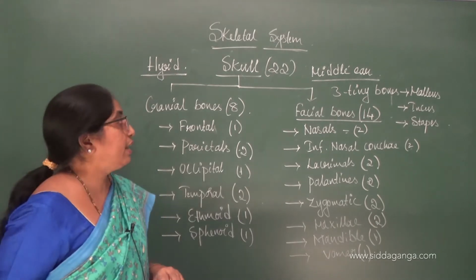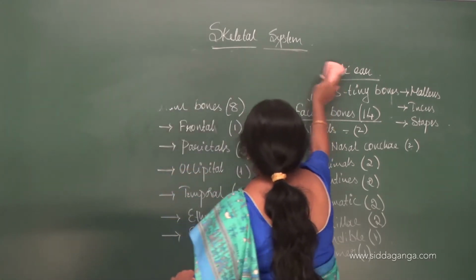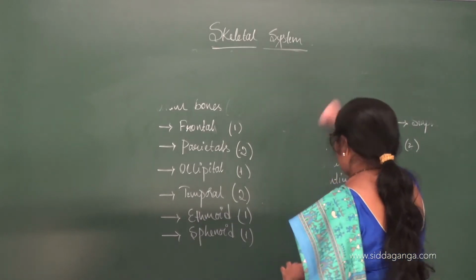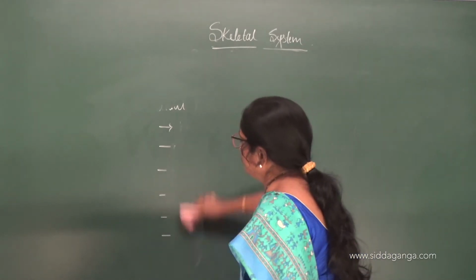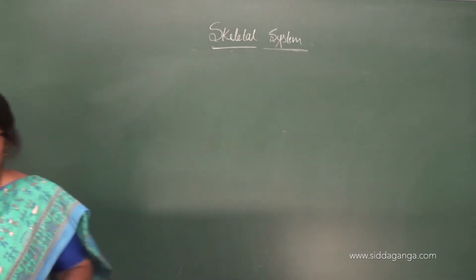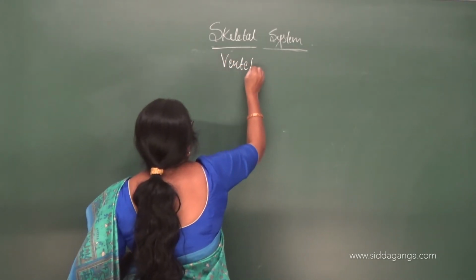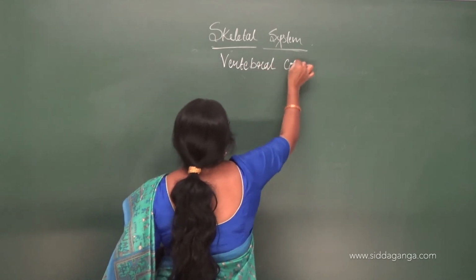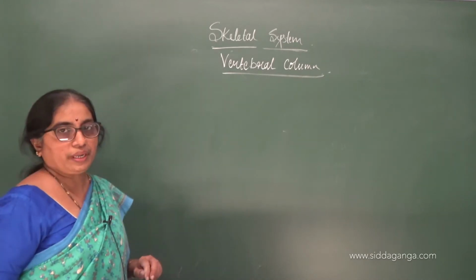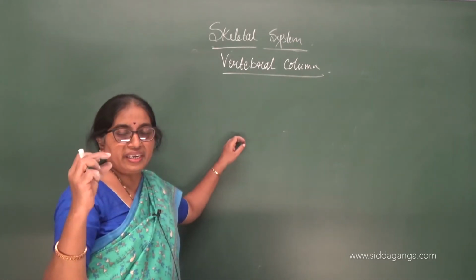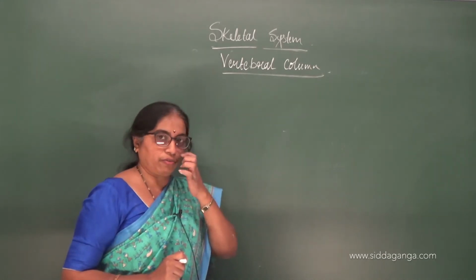second part of the axial skeletal system, that is the vertebral column. Vertebral column, the backbone as you call it, and this vertebral column consists of tiny bones which are serially arranged on the dorsal part of our body.